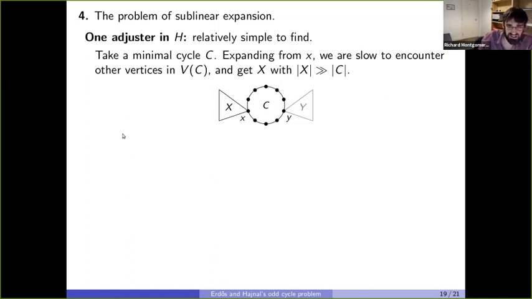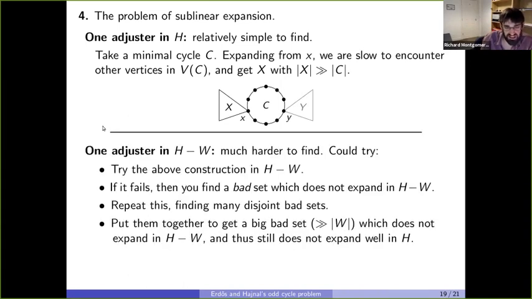In all of our constructions, we find things, we gather them together into some vertex set W, and then we try to find another adjuster in the graph with W removed. And this is much harder. The natural way to do this is to just try the construction above again. And it works if the sets that you're finding still expand nicely.